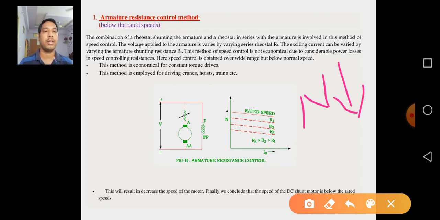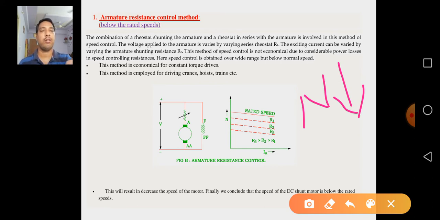So here we have drawn a graph between speed versus I_A. Already we have shown that N and I_A are in directly proportional relation. So I_A is decreasing, so obviously speed is also going to decrease. For the R1 value, suppose R1 is equal to some X value, R2 is X plus 1, R3 is X plus 3.